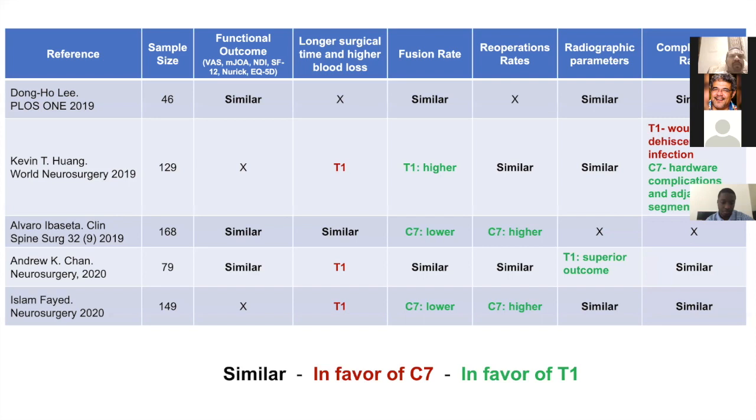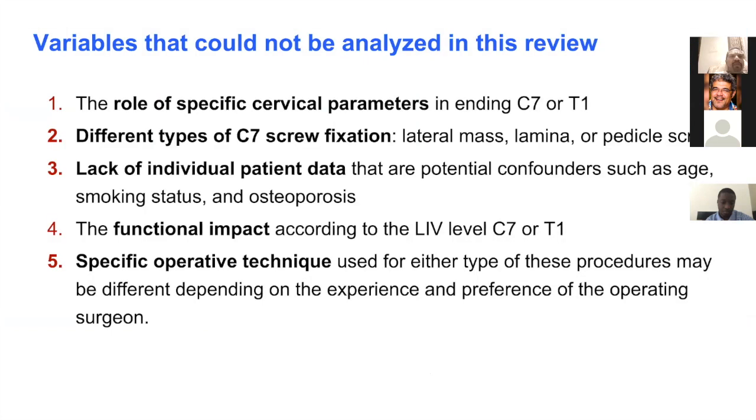You just trade one complication for another. With T1, skin problems and infection are more common, and with C7, hardware complications and adjacent segment disease. But at the end, the study limitations from those 5 papers were very similar to the study limitations from the systematic review. That means that we need another prospective study to solve that problem.